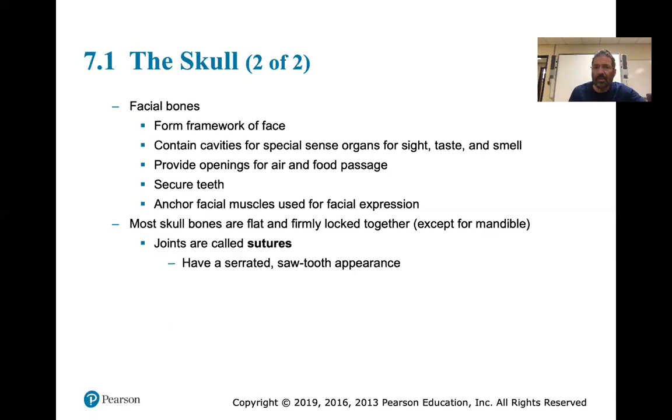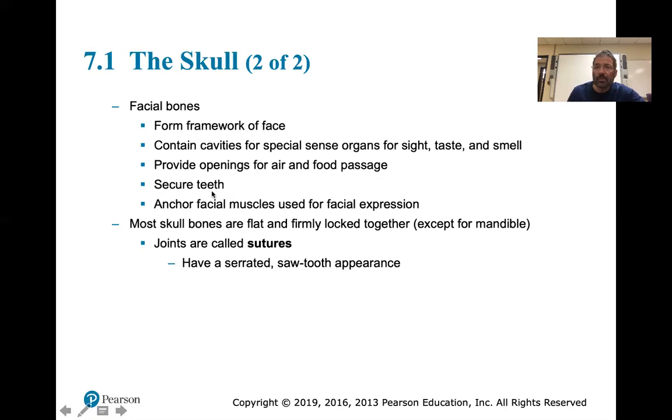It contains cavities for special sense organs: sight, optic nerve; taste for the tongue, hypoglossal; and smell, olfactory, which is cranial nerve 1. It provides openings for air and food passage. Let's talk about the conchae and the septum, and how turbulence affects the air, and food passage using the tongue and down the esophagus.